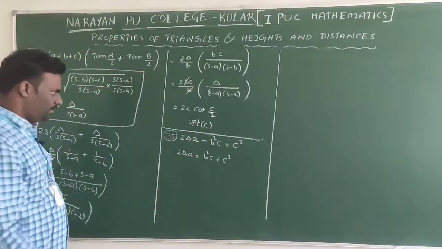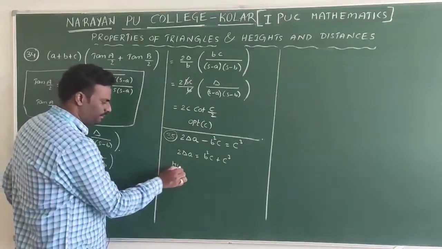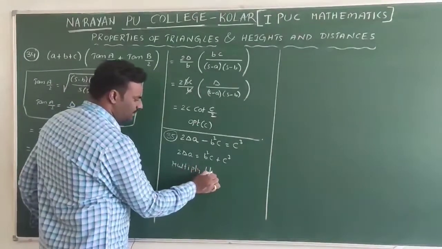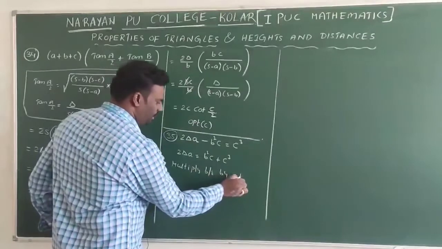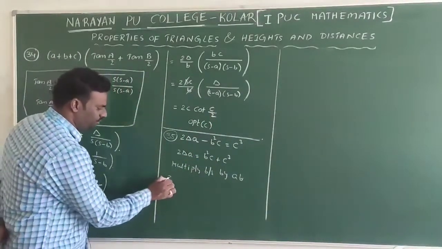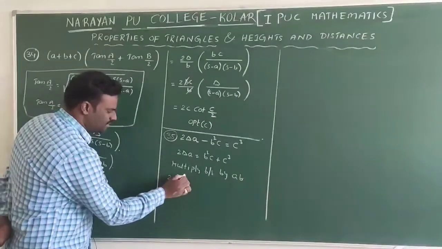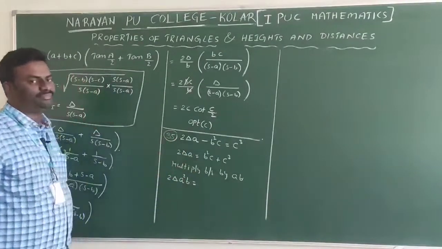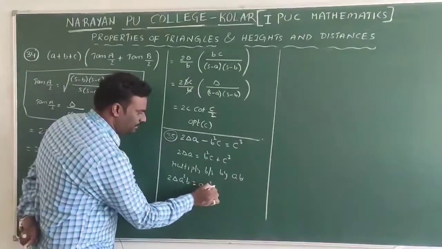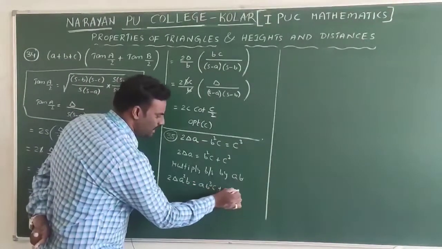Okay. Now multiply both sides by AB. Now left side what you will get? 2 delta into A square B you will get. On the right side A B cube C plus AB C cube.